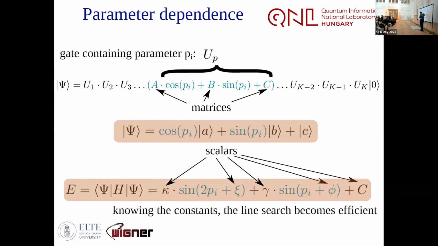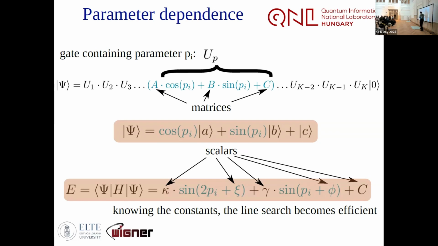So basically, I've been talking about the rotation angles of the single qubit transformation. These are continuous parameters. And because we are talking about rotations, it's not surprising that we have trigonometric functions when expanding the unitary transformations acting on some initial state. Let's say this initial state means that all of the qubits are in the zero state. Here we expand one single gate operation with the parameter phi_i. It takes in general this form.